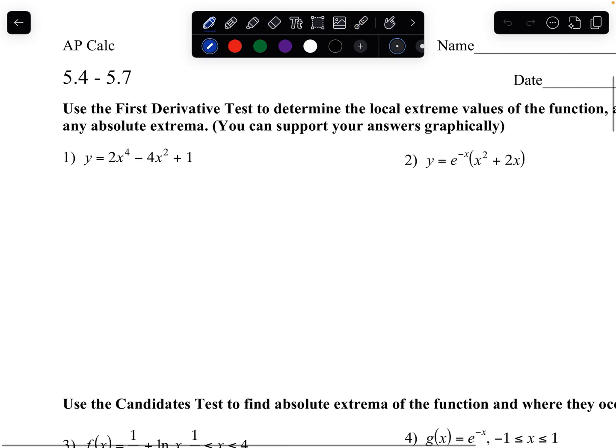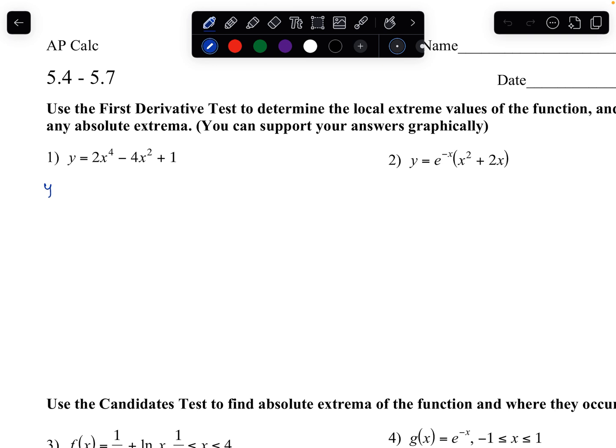Okay, so the first derivative test, meaning let's find the first derivative. Y prime is going to be equal to 8x to the third minus 8x, and I'm going to set that equal to 0. It's probably helpful if I factor this. If I take out an 8x, I'm going to get x squared minus 1 equal to 0, and then that's going to be factorable to be 8x and then x minus 1 and x plus 1.